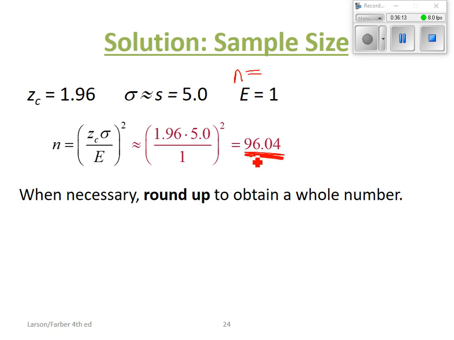Same idea as with some of the other stuff we've done in the past. You're not going to go out and survey 96.04 people. So you should do at least how many? 100. Probably round that up to 100, but we'll say at least 97. Always round it up. Always go up to the next number.